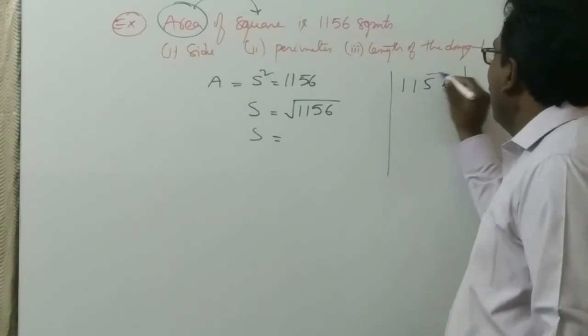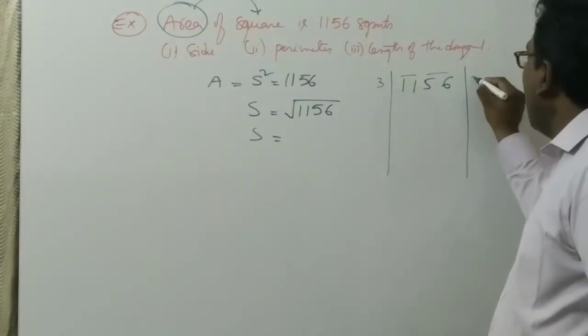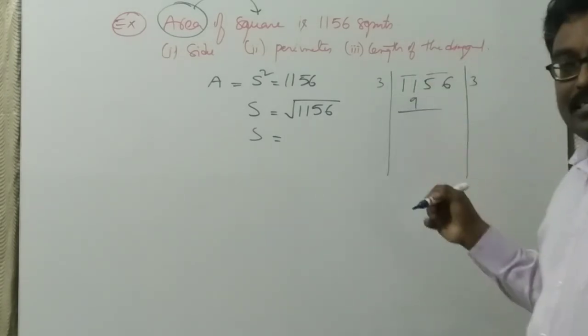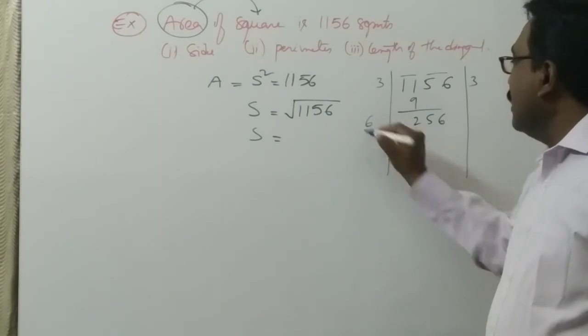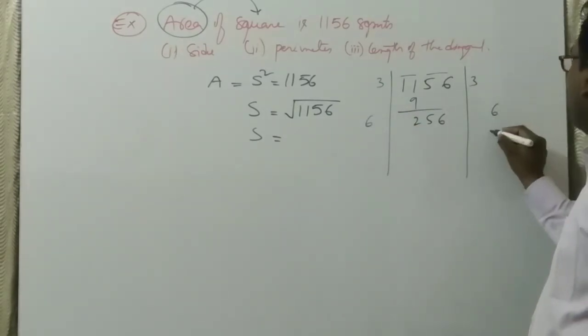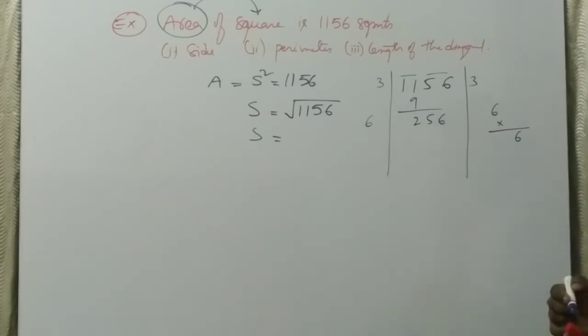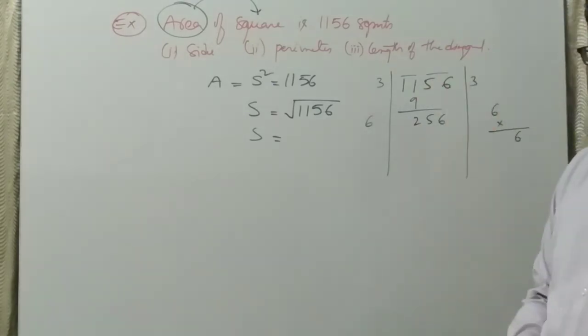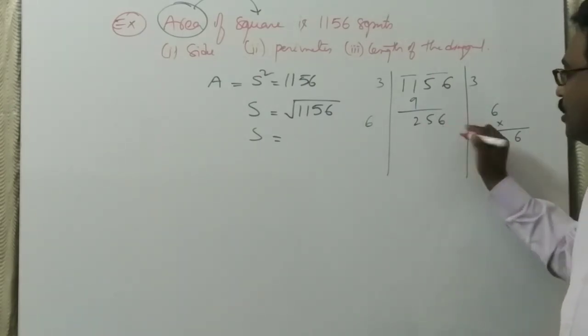Now, pair them from the units place. So, 3 3s are 9. 11 minus 9 is 2. 3 double is 6. Now, beside 6, I want the answer 6. Here you should apply logic. You need not check all different numbers. I want 6 because the units place is 6.